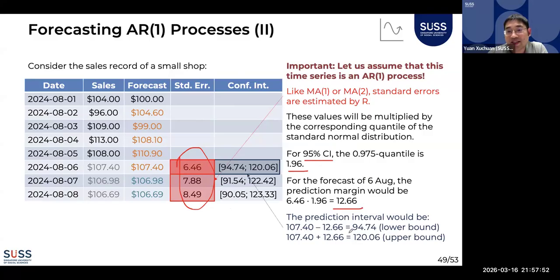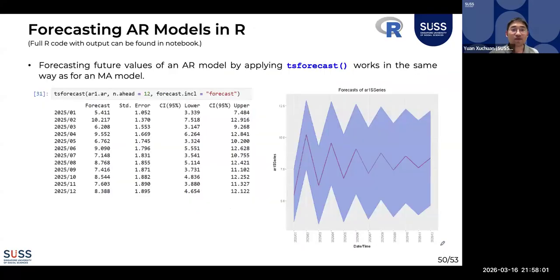Minus the margin and plus the margin give you the lower and upper bounds. Similarly, you can use the forecast function to forecast values after you fit the model. I will not demonstrate this because it's quite straightforward, like what we did for the MA model.